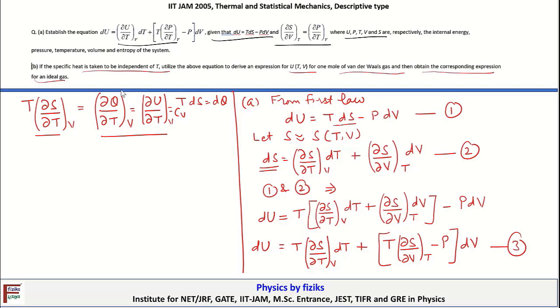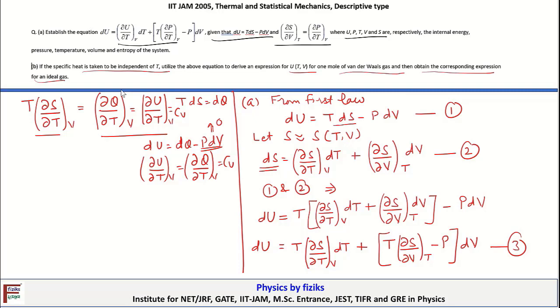It stems from the first law: dU is equal to dQ minus P dV. So from here we learn that dU by dT at constant volume is equal to dQ by dT at constant volume, and that's nothing but Cv, because at constant volume the P dV term will vanish, so dU will be dQ in that case. That's how we obtain this result.